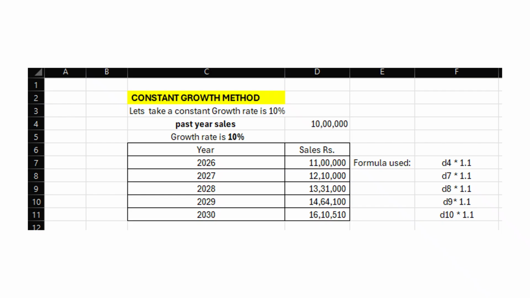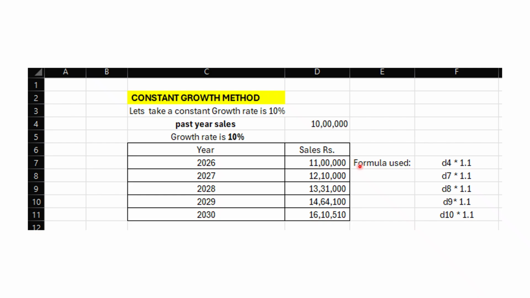In the constant growth method, the sales will be predicted as growing at 10% every year. For the year, they have taken the past year sales, which is 10 lakh, and the growth rate is 10%. In this case, I am taking a constant growth rate of 10%, which means every year my sales rise by 10 percent.